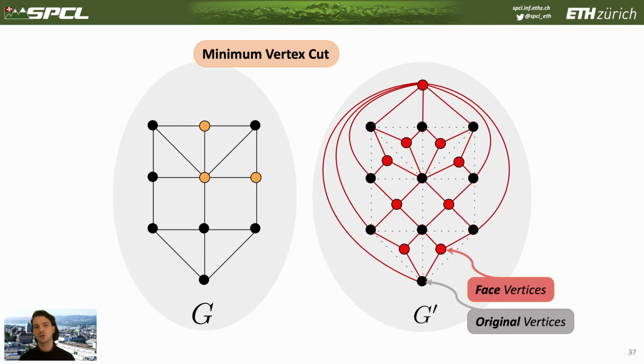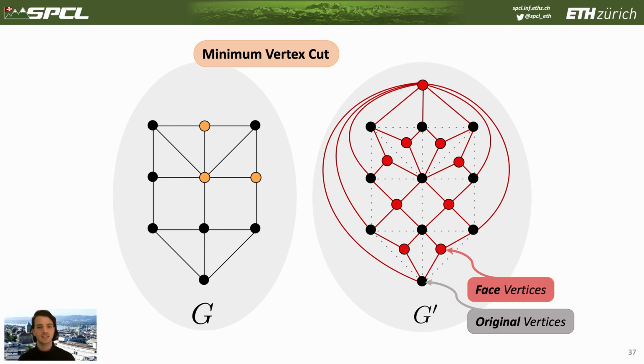To reduce minimum vertex cut to a subgraph isomorphism problem, we construct a kind of semi-dual graph. In the semi-dual graph, there is a vertex for each face in the original graph. Such vertices are called face vertices. Moreover, all the vertices of the original graph are also in the semi-dual graph.